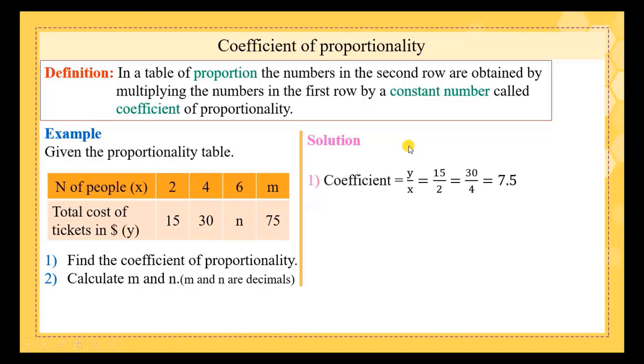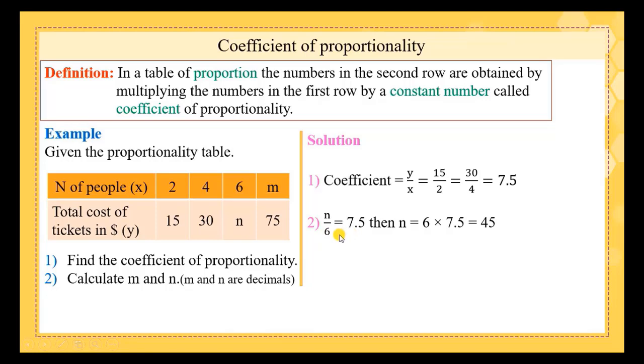To find the coefficient, I calculate y over x. So the coefficient is equal to 15 over 2 or 30 over 4 because all the ratios are equal. Equal by calculation 7.5. To calculate n, use the third ratio: n over 6 is also equal to the coefficient.